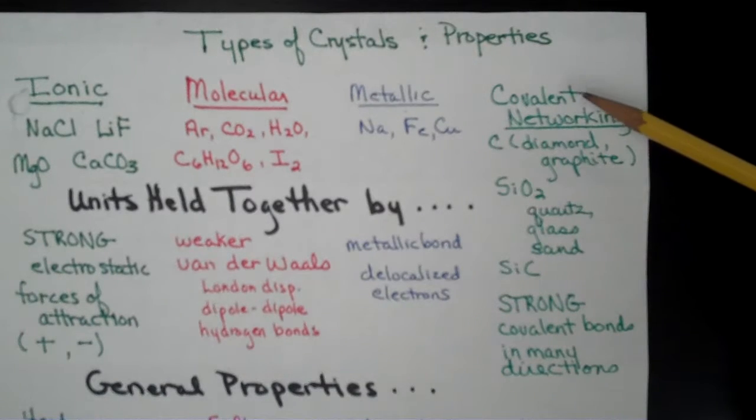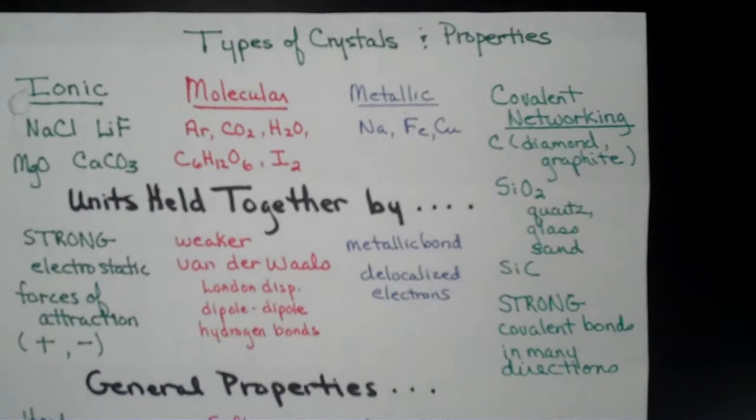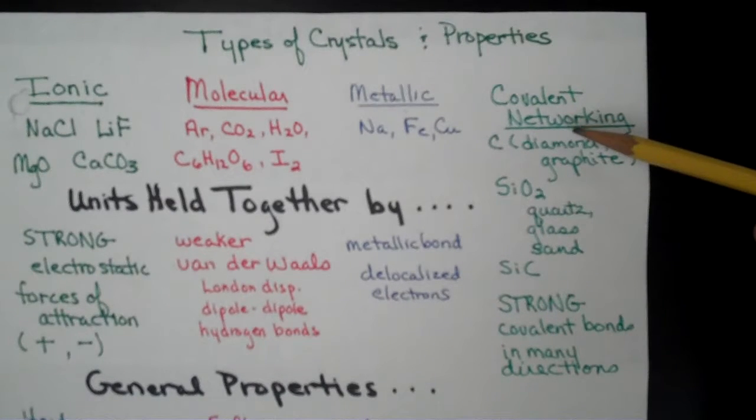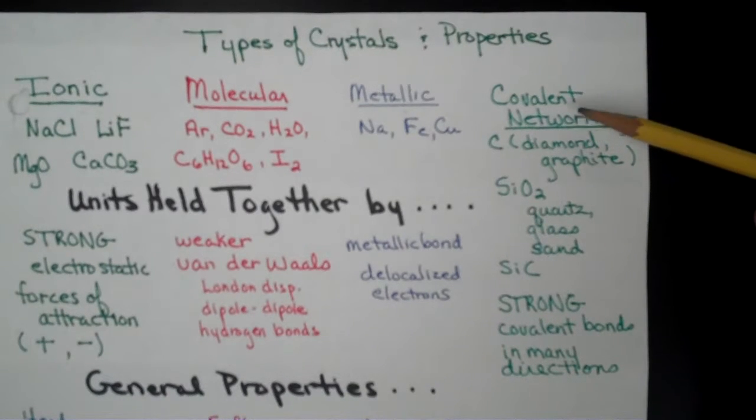We've used the term covalent when we talked about bonds. But now I'm talking about those forces that hold these particles together in the crystal structure. And so the term used here is covalent networking. It's more complicated, more complex.